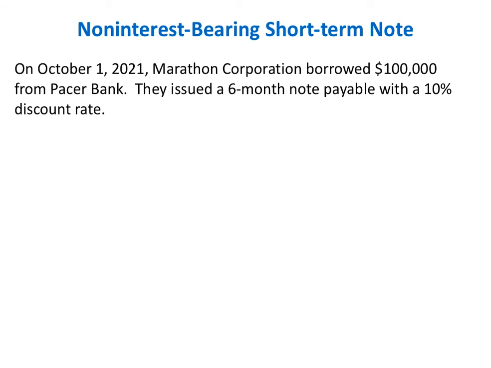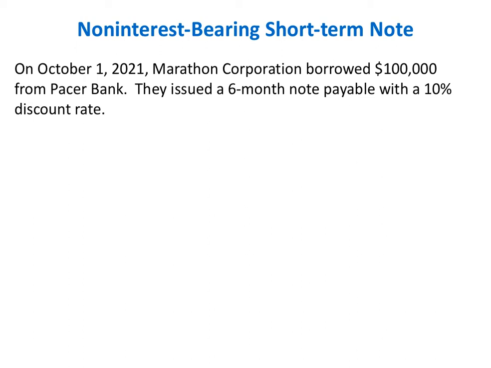Now let's look at that same note, but this time it's a non-interest bearing discounted note. When we have a non-interest bearing note, the note is discounted up front and the borrower receives a discounted amount of cash.